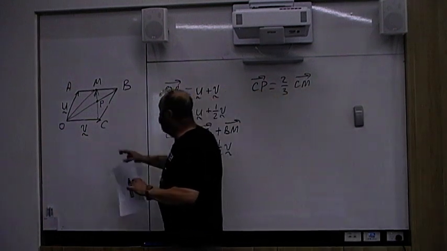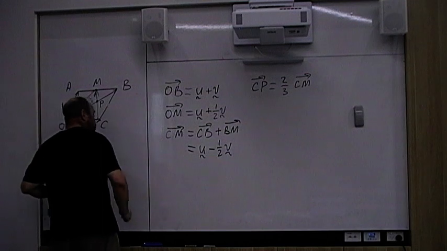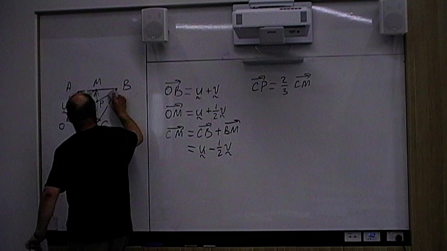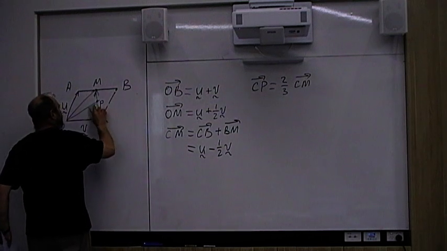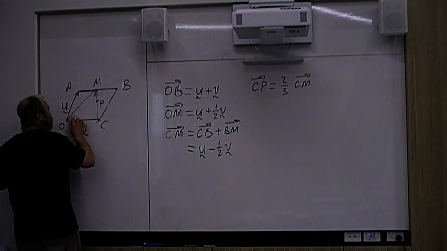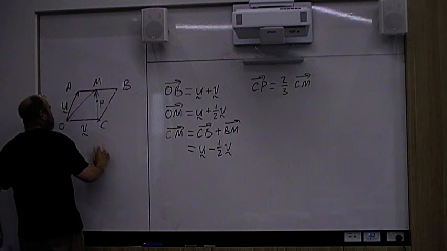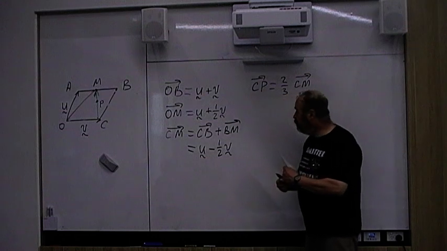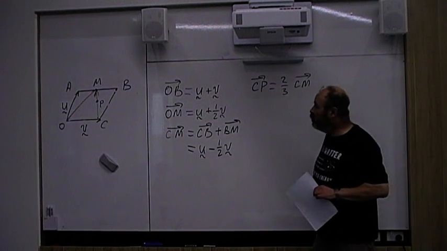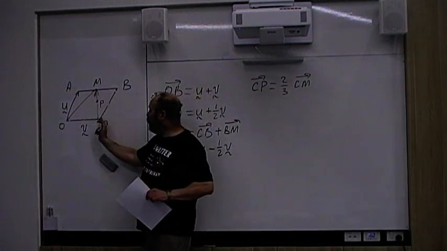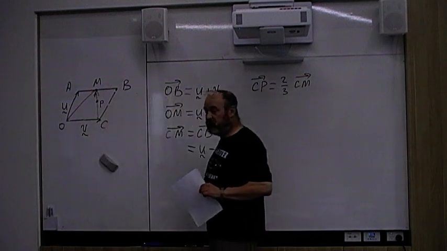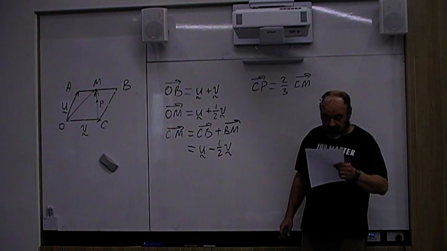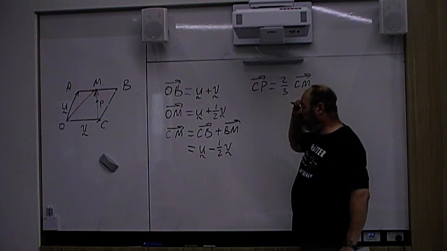By the way, we don't know yet that it will be on this diagonal, so I will remove this diagonal, so as not to give a hint of what we will prove later on. So we have point P which divides vector CM. CP is 2/3 of CM, and we need to find what CP will be.